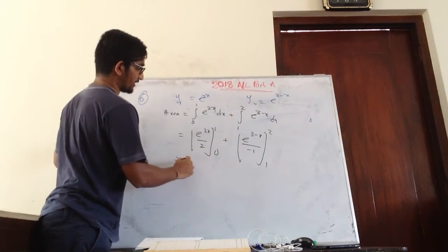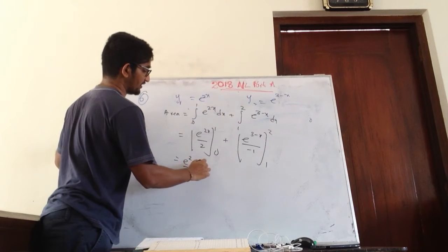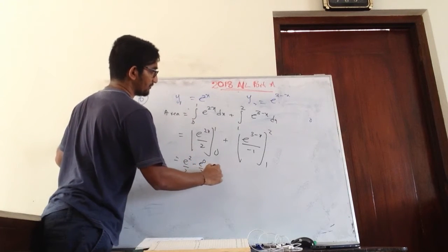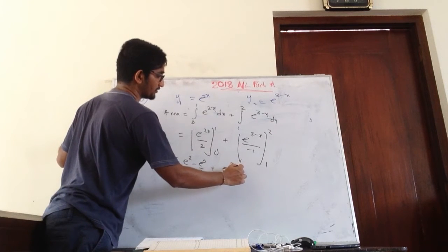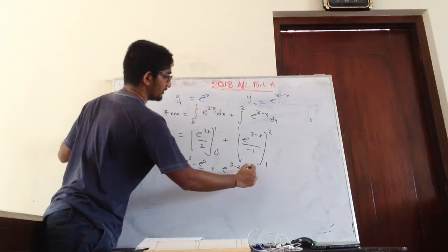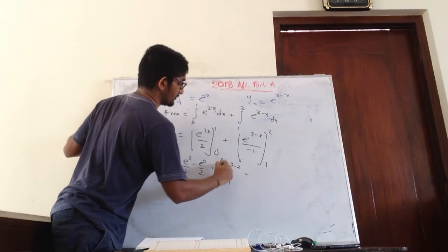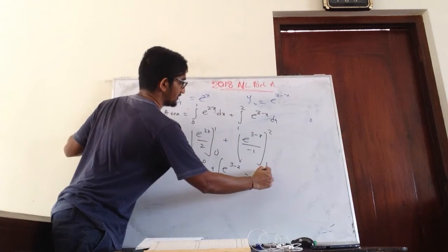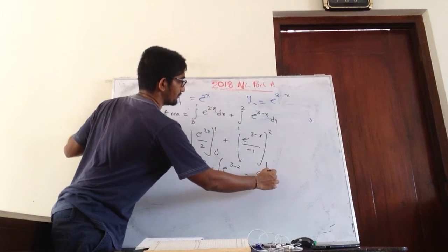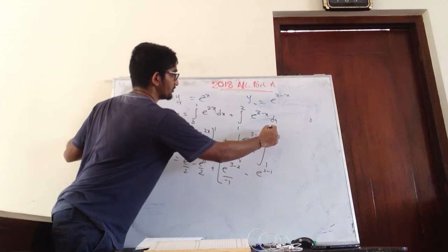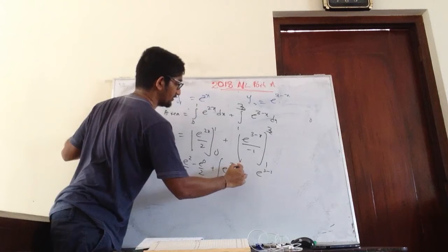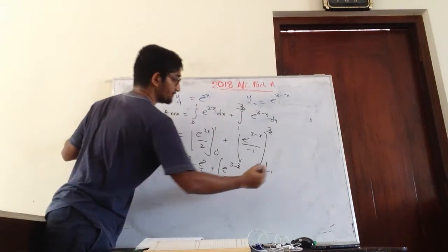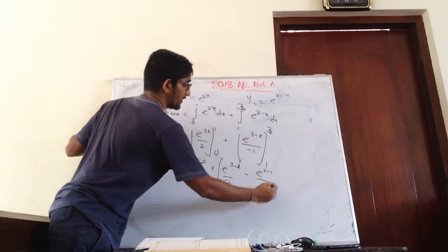So here I will get e^2 over 2 minus e^0 over 2, plus e^(3-1) minus e^(3-3).